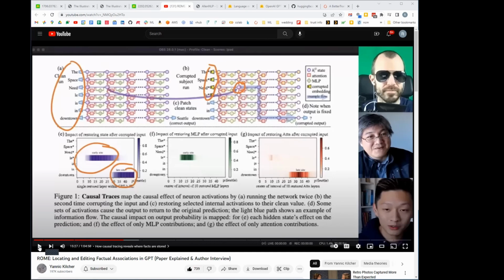I have a separate question. So the scale, what does the intensity of the color actually say? They measure the change in the probability of the token, I think.